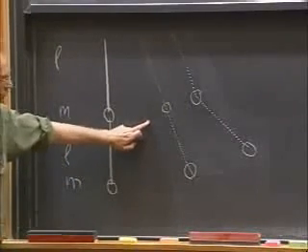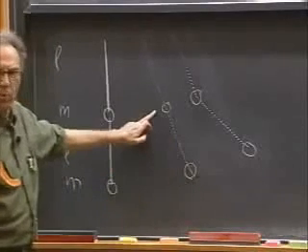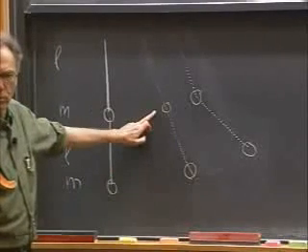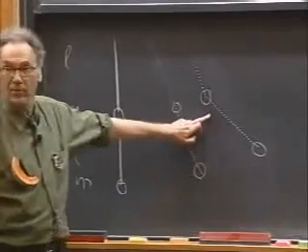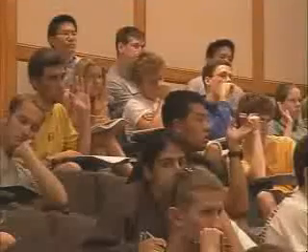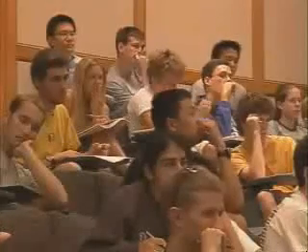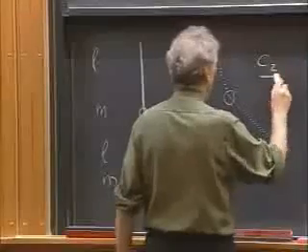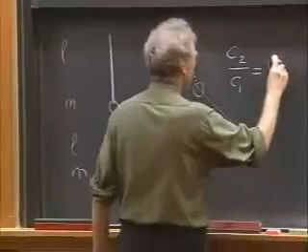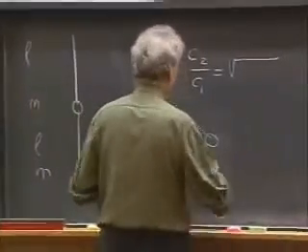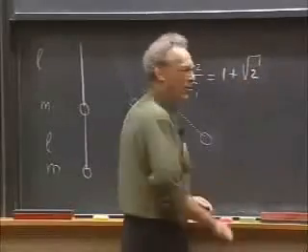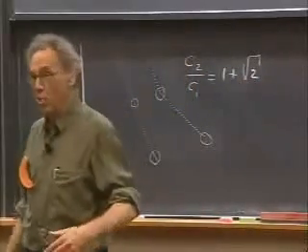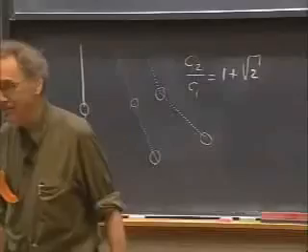Okay, that means that the ratio C2 over C1 is going to be plus 2. Right? Who is for this one? That's the way it is. Believe it or not, C2 over C1 is going to be 1 plus the square root of 2.